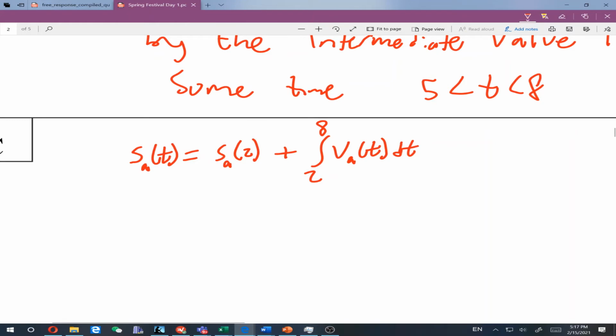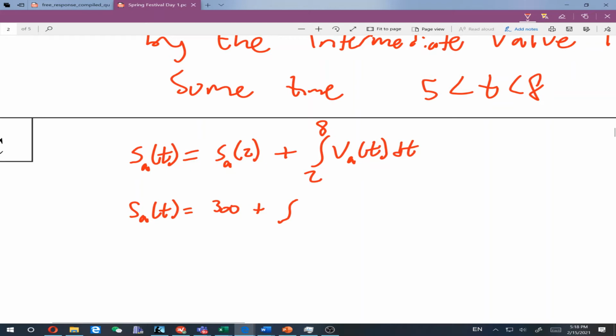Andrew, why are there no absolute values for this integral? Right. We're looking for our distance from the original station, which means if the train moves back towards the original station, we will actually lose distance.